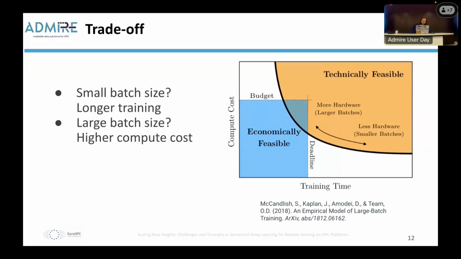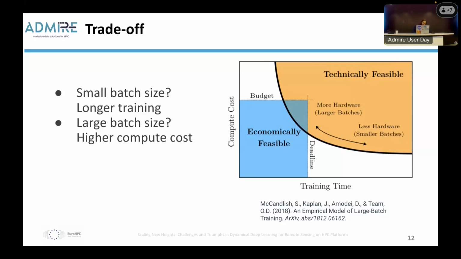Again, on the question of the batch size, there's also this consideration that one needs to take. The smaller the batch size, clearly the longer the training will take. The larger, the shorter, in principle, you might think. Yes, up to some point.